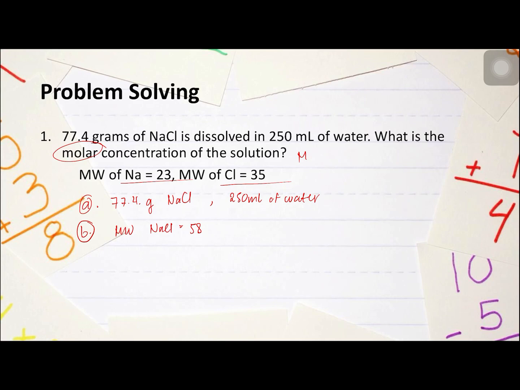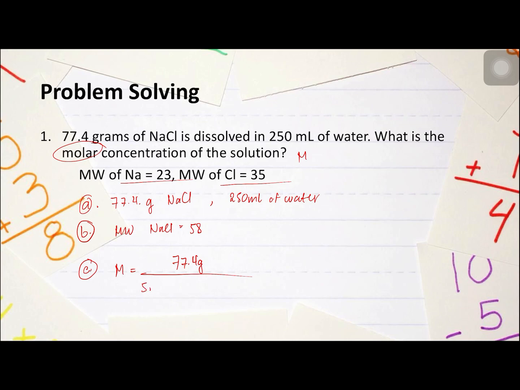So now we can proceed with using the formula. So letter C is use the formula. Big letter M is equal to the grams of our solute, which is 77.4 grams, over your gram molecular weight times liters of solution.